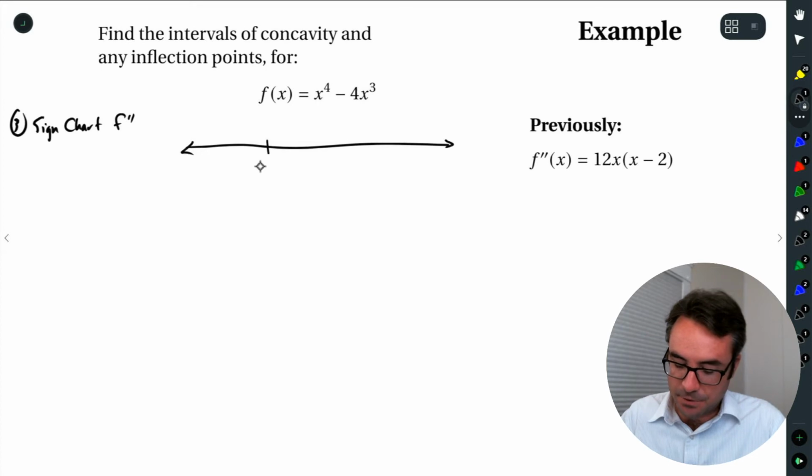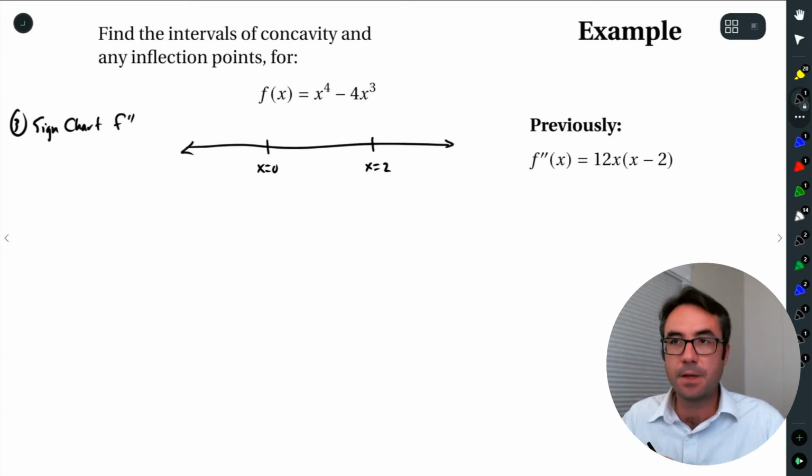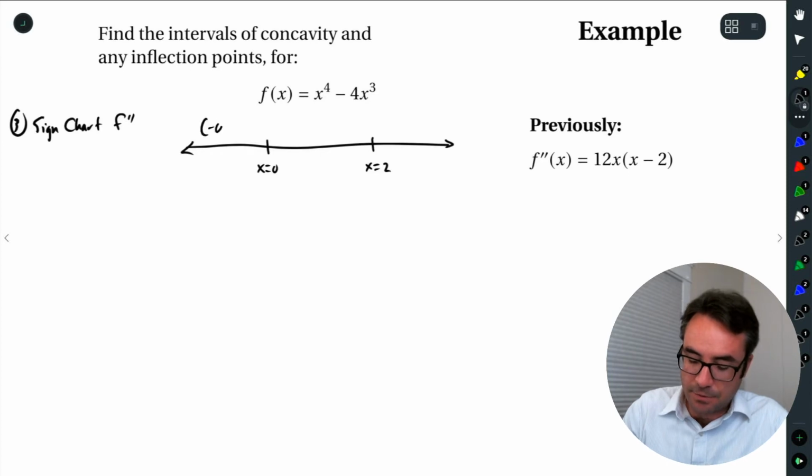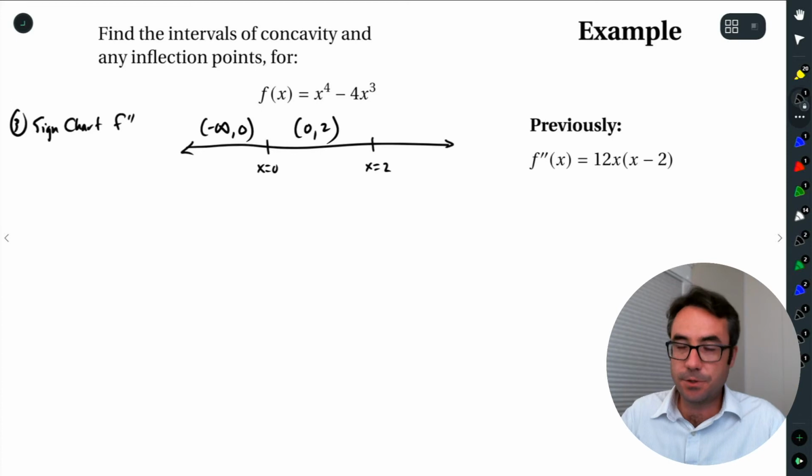So we found x equals 0. We found x equals 2. And then let's just write out the intervals that those x values give us. So we have everything from minus infinity to 0. We have everything in between, so 0 to 2. And then we have everything from 2 to infinity.